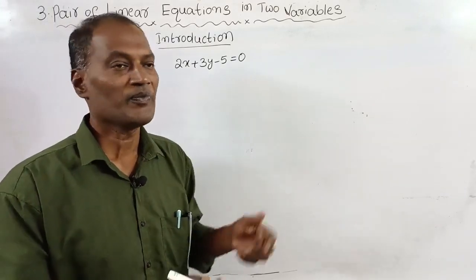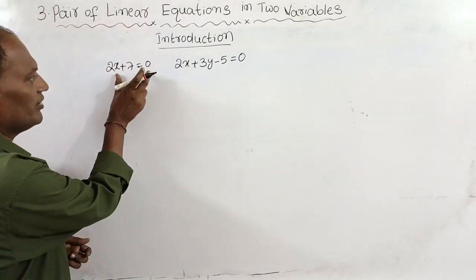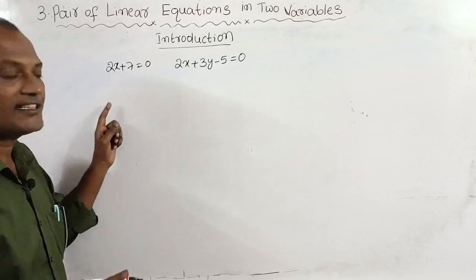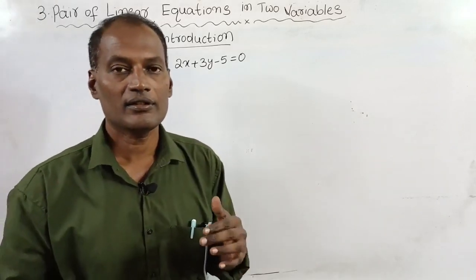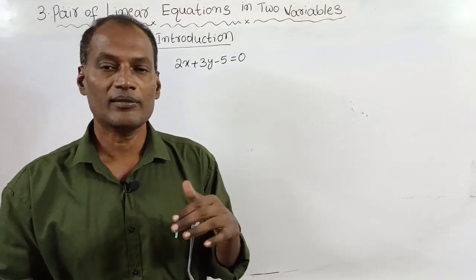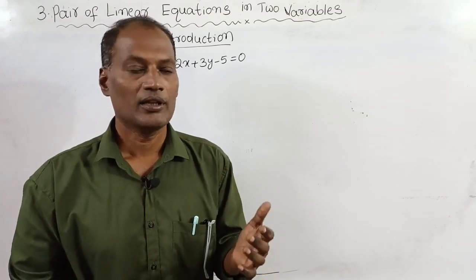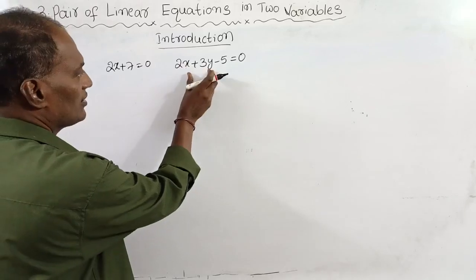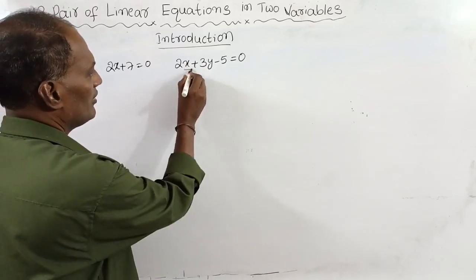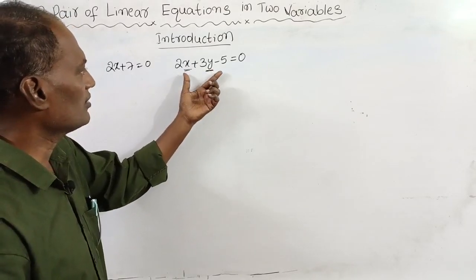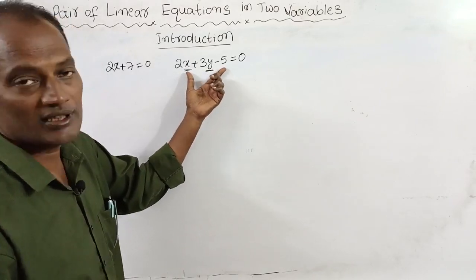In the equation, the variables may be x, y, or they may be t, s, p, q. These x and y are called variables. This is one variable, this is one variable. These two variables make it a linear equation in two variables.